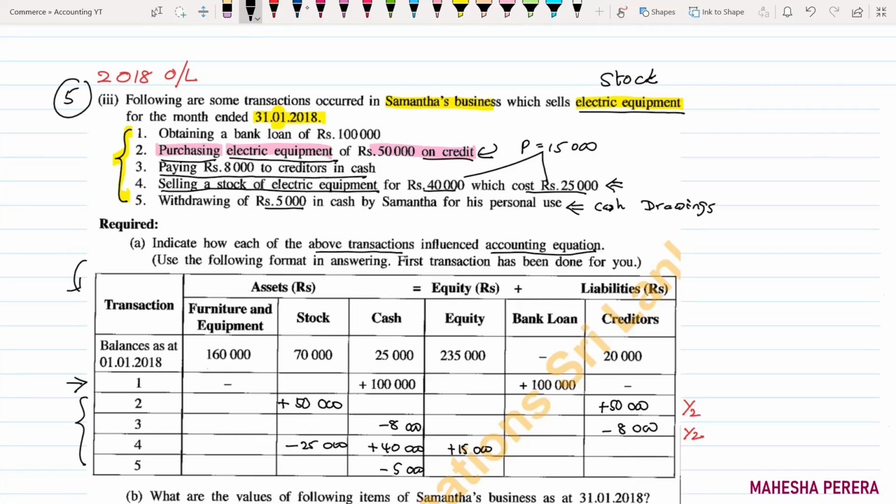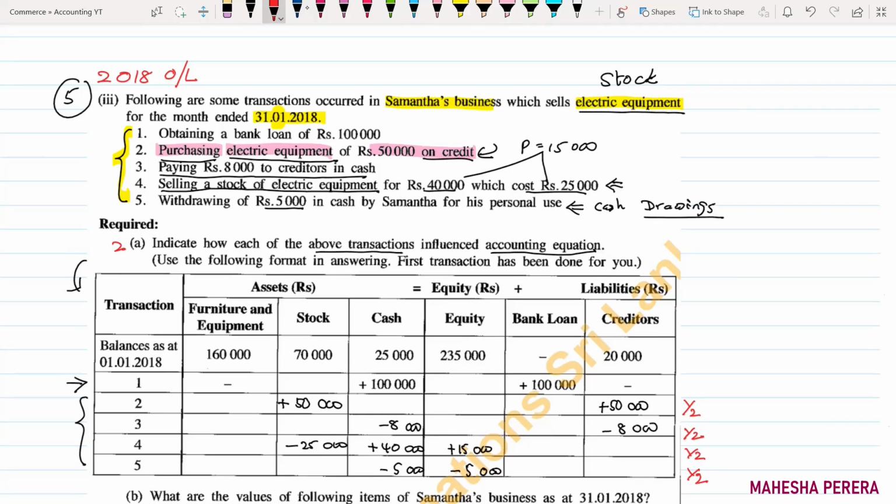And we know that drawings lead to a decrease in equity, so under equity you need to write minus 5,000. Cash decreases, equity decreases, so again half mark each. So in total, you are getting 2 marks for part A, and there is part B as well.